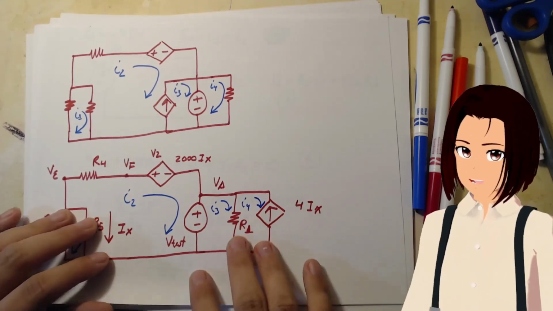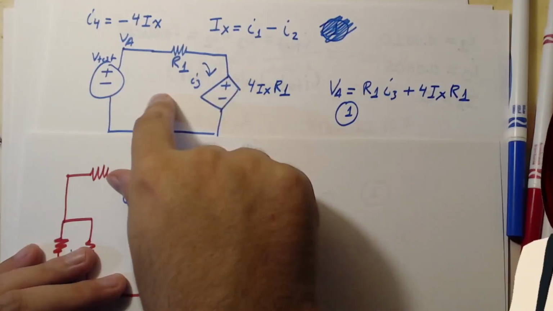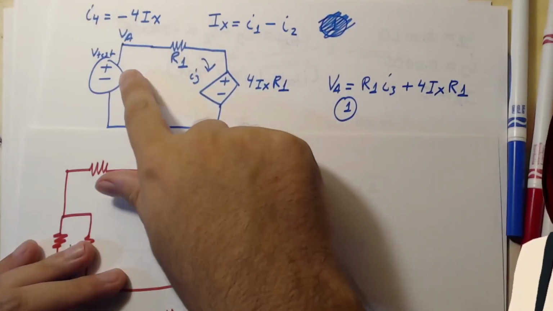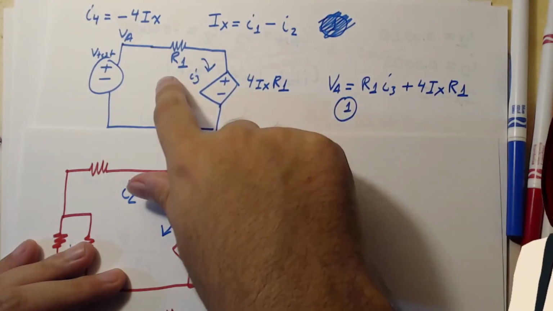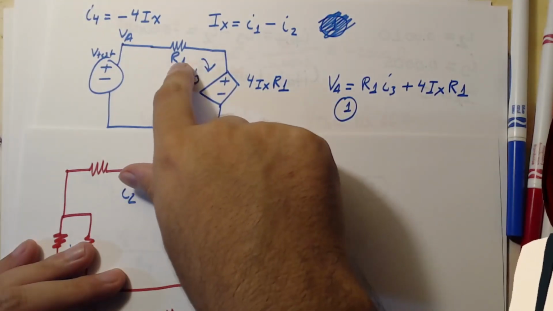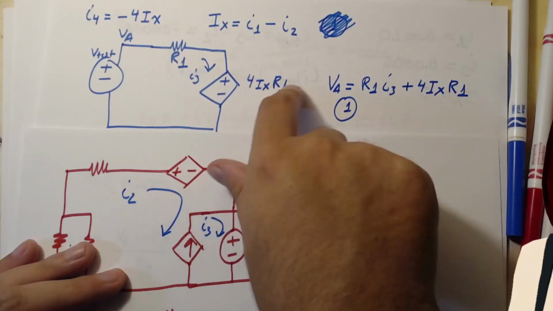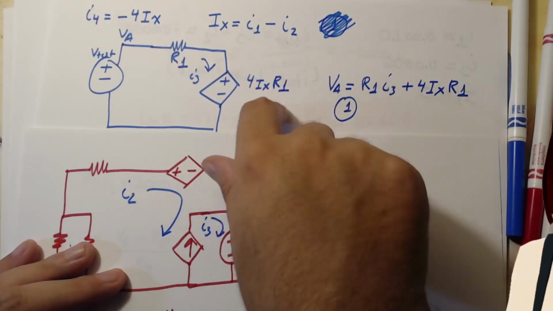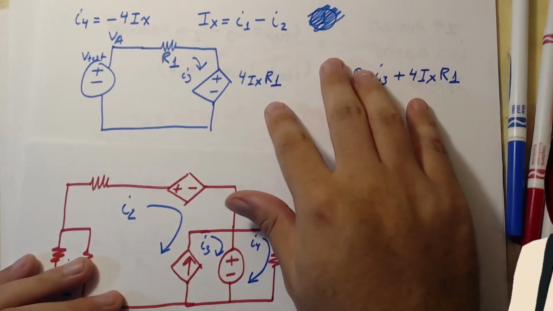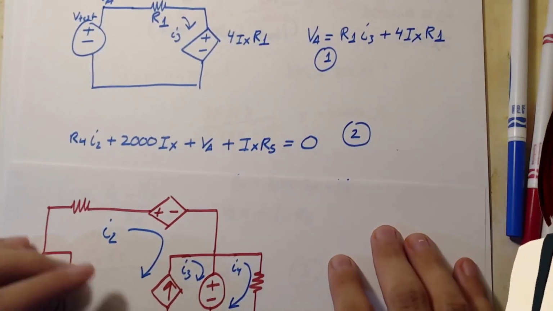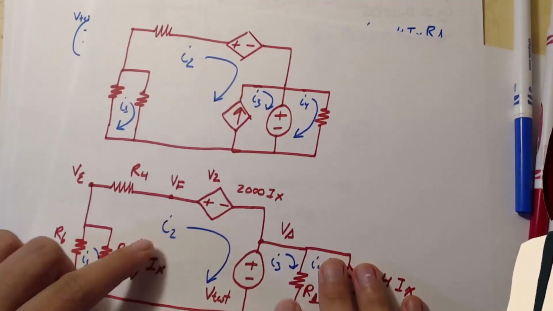To get rid of I4, we just do a source transformation. And we know VA, VTest, is equal to the new mesh, I3, times R1, plus the dependent voltage source, which is now a dependent voltage source. This is our 1st equation. Our 2nd equation comes from this I2 mesh.